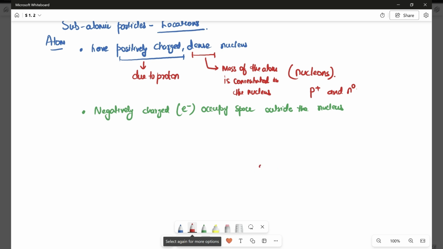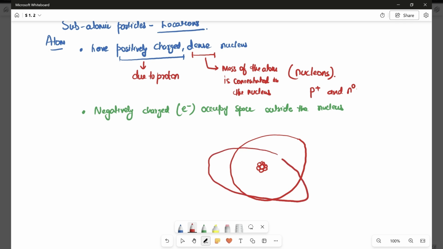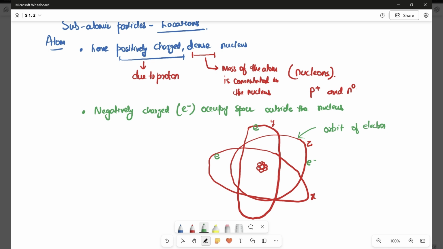Let's say this is your nuclear particles, and these are the orbits. There are various axes, in the x, y, z directions, so we are not going to align them in a 2D structure. Let's say this is the x-axis, this is the y-axis, something is moving in the z-axis like a circle, and electrons are moving in each orbit. So what is this? This is the orbit of an electron.